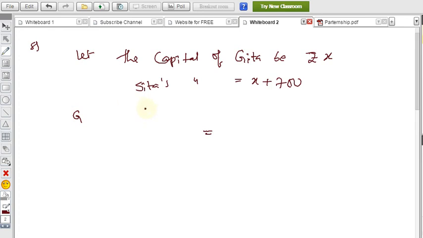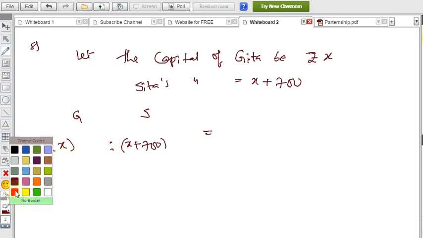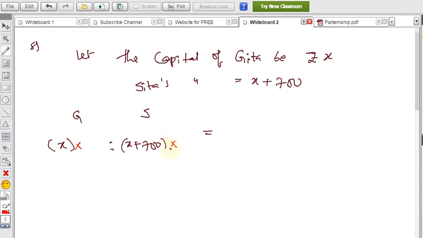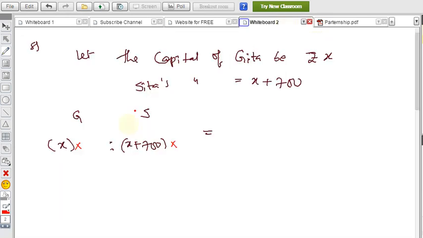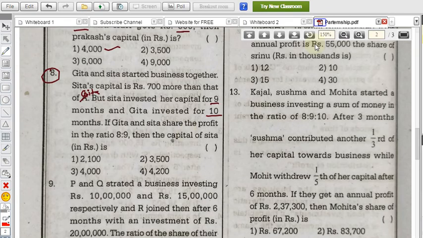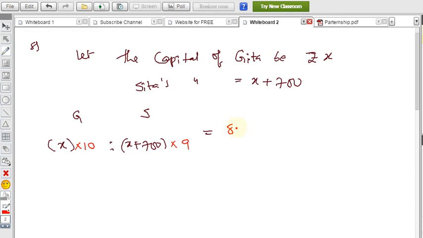Geeta is X and Sita is X plus 700. Before taking the ratio, we should multiply by the number of months. Geeta invested 10 months and Sita 9 months. Then the final profit ratio of Geeta to Sita is 8 is to 9.